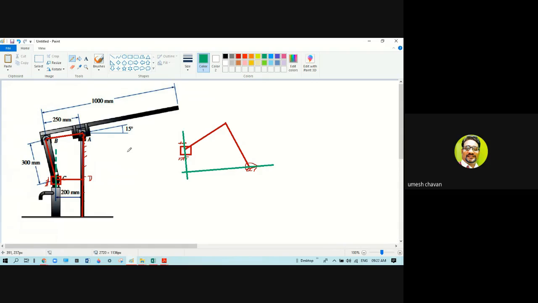Now this one is A. This point is B. This point is C, and this point is D.